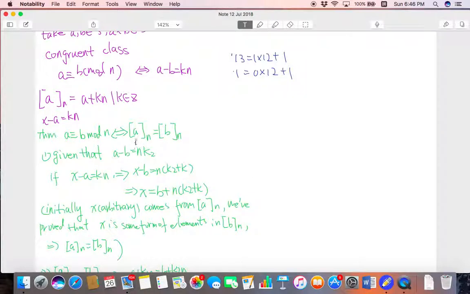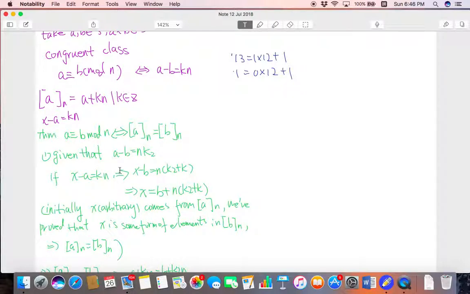Then for an element x belonging to the congruent class of A modulo n, we can just expand out the expression, which is x minus A equal to k times n, because we have such a definition, and then we just rearrange it.